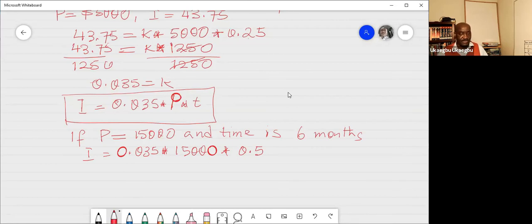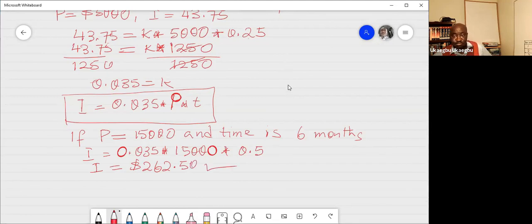So punching the numbers, 0.035 multiplied by 15,000 multiplied by 0.5. That's $262.50. The interest it is going to yield will be $262.50.